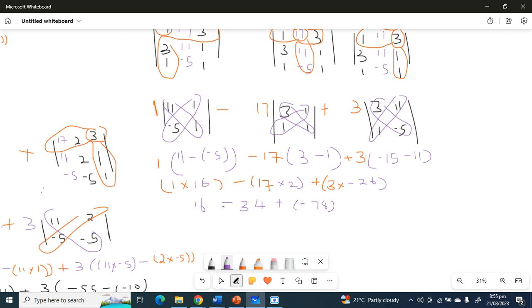So you're going to say 16 minus 34. Here, this negative and positive make negative. So 16 minus 34 minus 78.